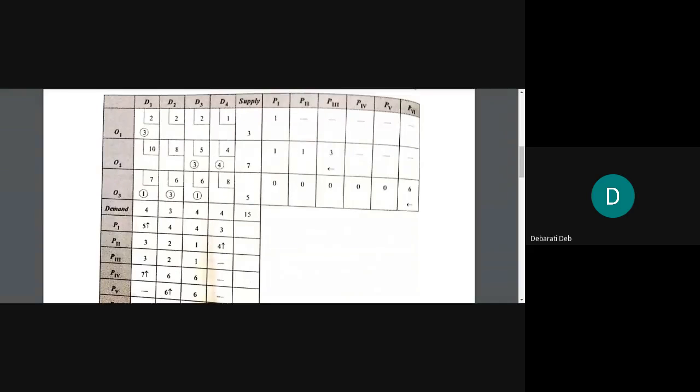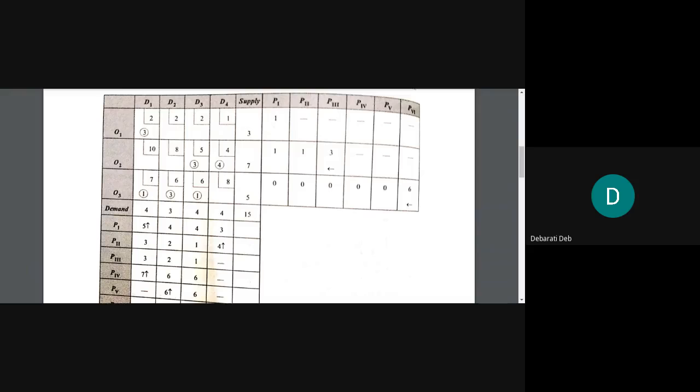After P1 calculation, whatever row or column will be deleted, you will delete that row or column and then make a new allocation table. Then you will calculate P2. Like that you will follow. You will not make a format like this. You will make the allocations table separately.